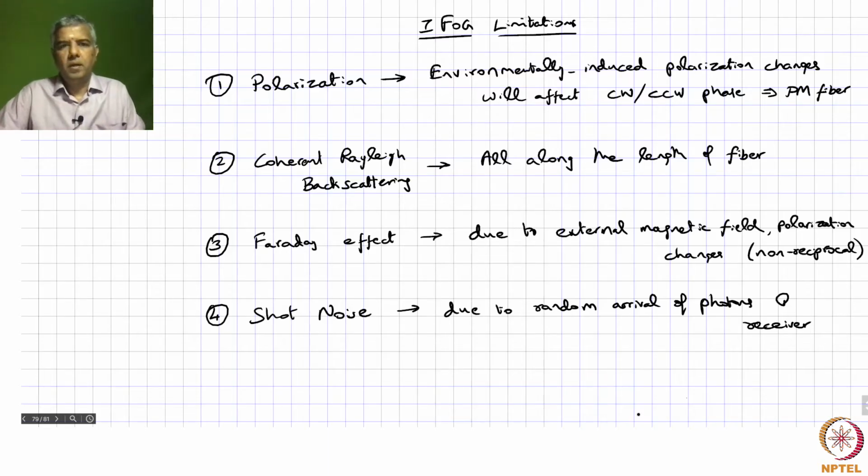So we've been talking about the limitations of an interferometric fiber optic gyroscope, and we looked at the various issues with it. One particular issue I said was polarization, which we said we will take care of by going to a PM fiber, right?